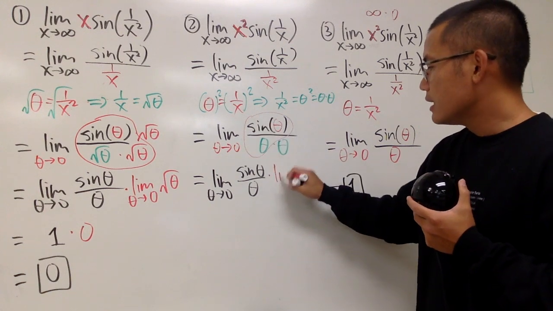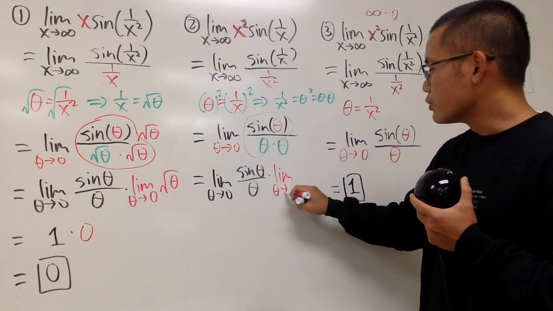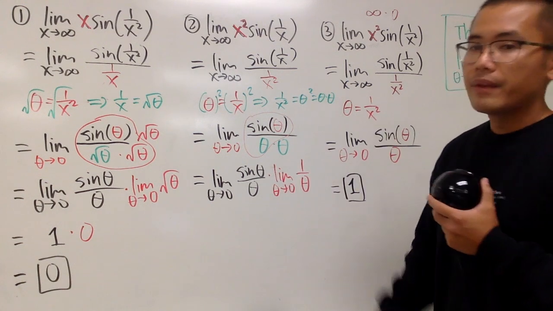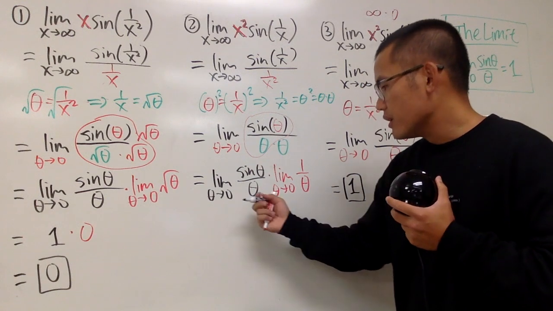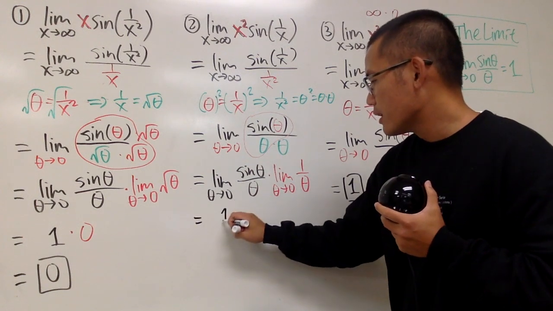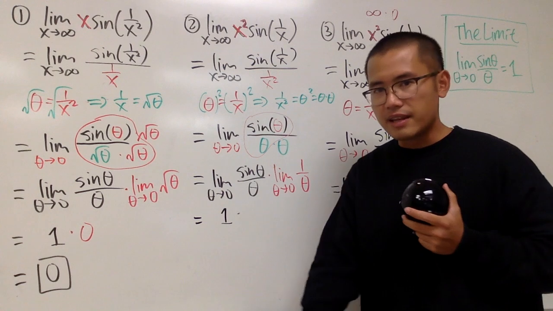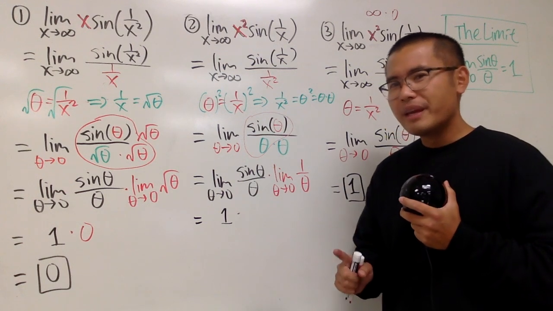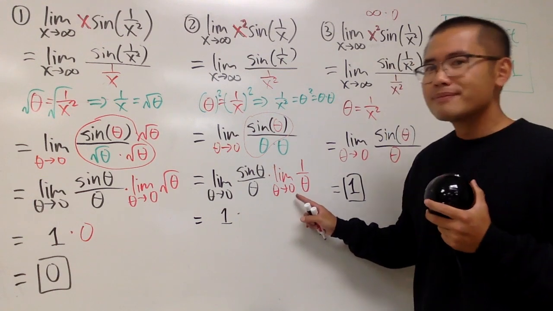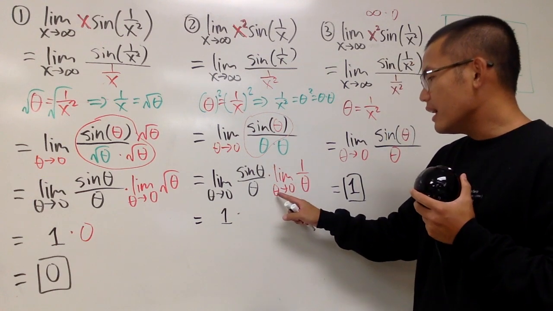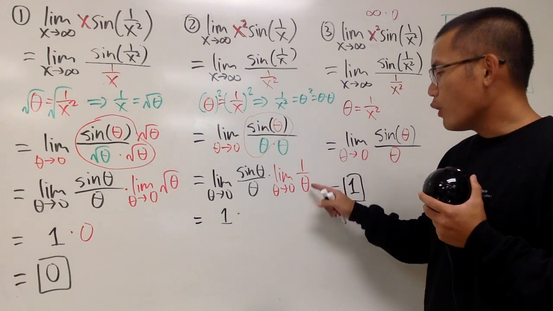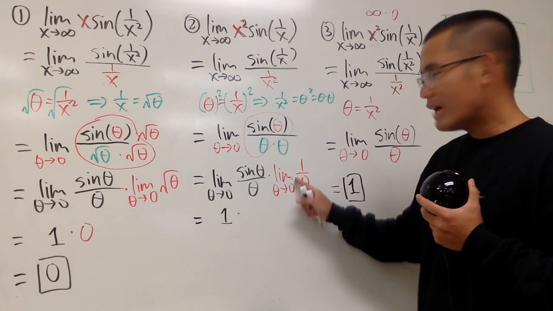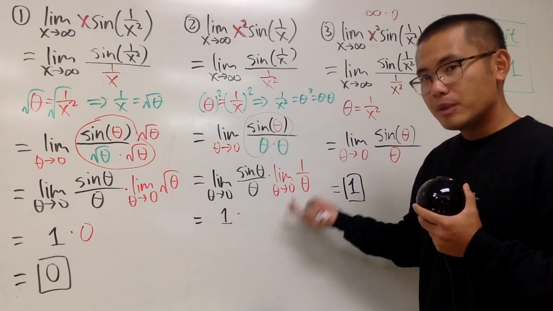Again, the limit as theta approaching 0, and then we have the 1 over theta here. Now, this right here is just 1. That's easy. That's done. But this part, you have to do it really carefully. In fact, if you just look at the limit as theta approaching 0 of 1 over theta, well, we don't have the plus minus, so what does that mean? That means we have to do both.